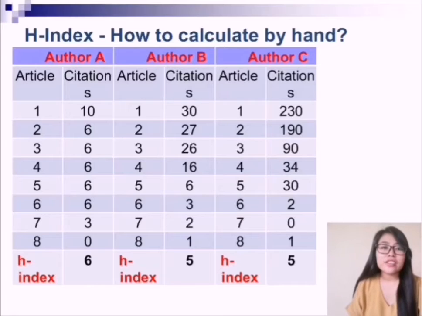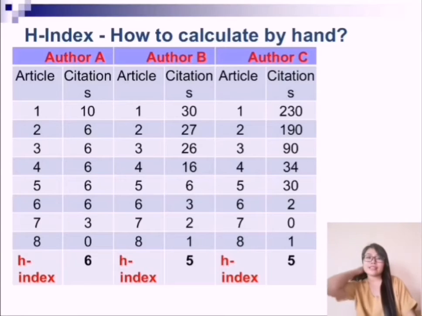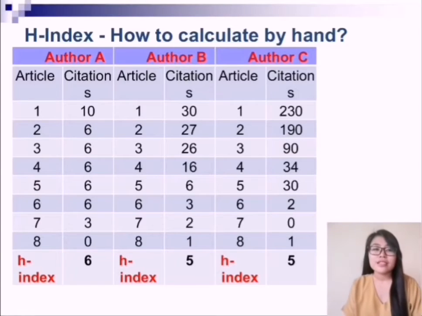Let's focus first on author A. Paper 1 received 10 citations, paper 2, 6, paper 3, 6, paper 4, 6, paper 5, 6, paper 6, 6, and then paper 7 is 3, and paper 8, 0. As you can observe, papers 7 and 8 received fewer citations than the number of published papers.